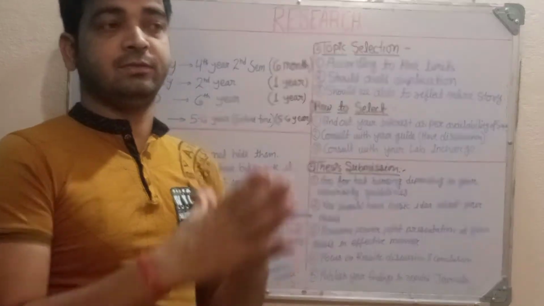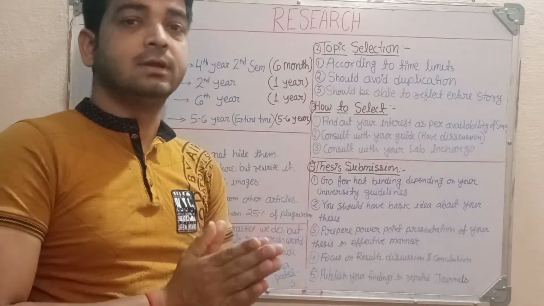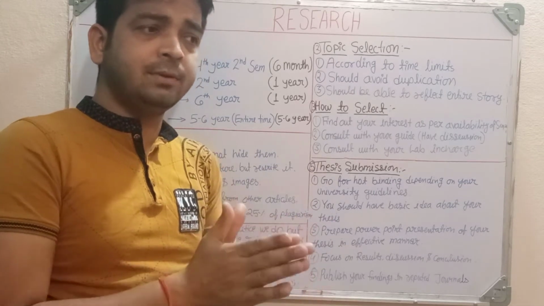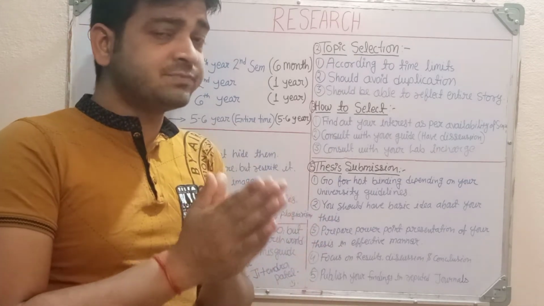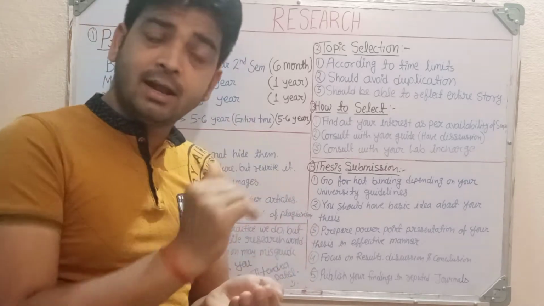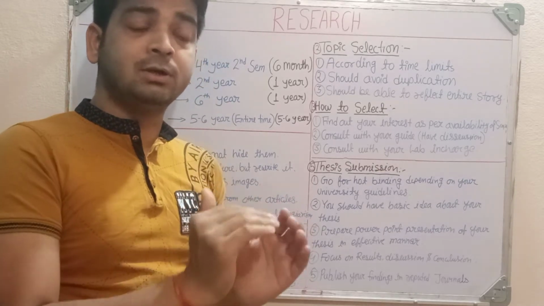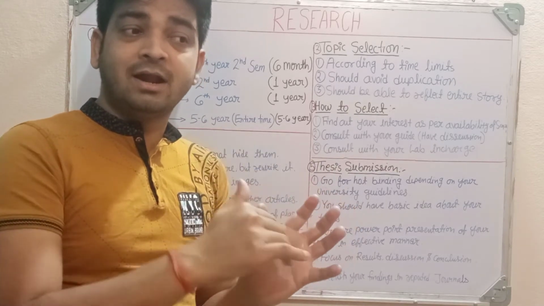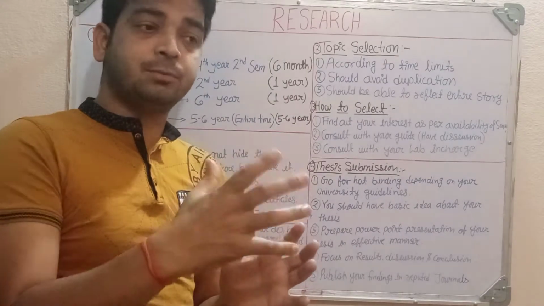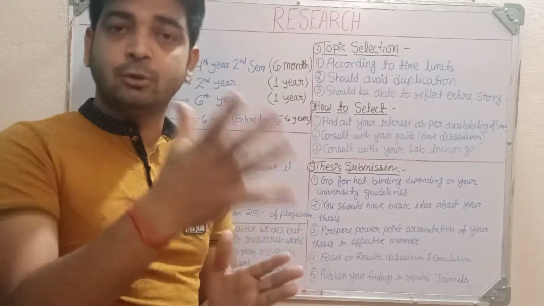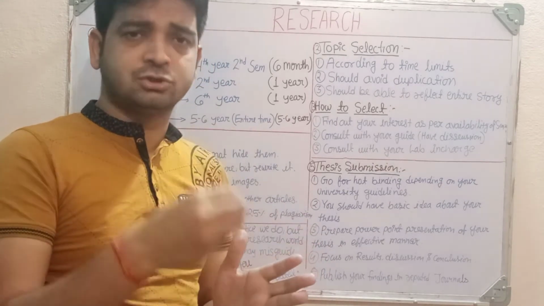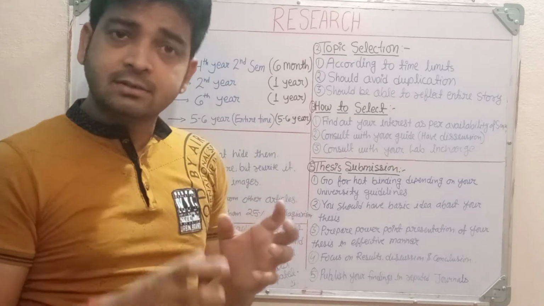Suppose you are working, generally in M.Pharm, people work in different labs, right? So whenever you are working in a lab, you just find out what kind of lab it is, whether they are able to do this particular topic or project or not, and what kind of facility is available. Suppose you are talking about hepatoprotective activity, so SGOT, SGPT, total bilirubin, cholesterol, so many parameters are there, right?